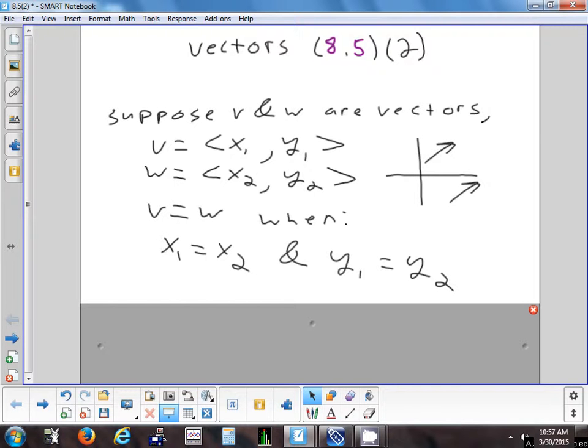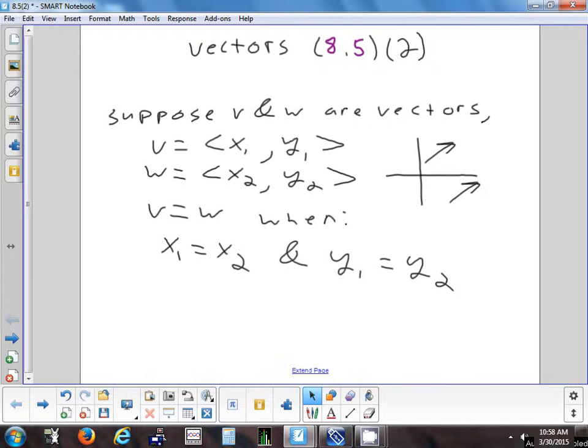They each go right the same amount, and they each go up the same amount. So that's what it means for two vectors to be equal. Same horizontal, same vertical components. Doesn't have to be the same starting point. Any question on that?